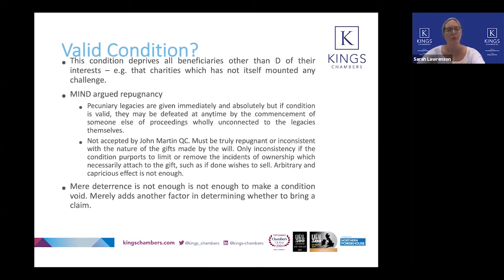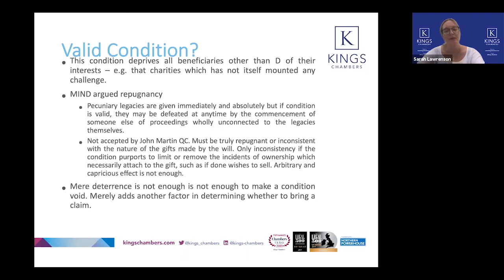But they also argued repugnancy in general on the basis that pecuniary legacies are often given out at the beginning of an administration and are immediate and absolute. However, if the condition were held to be valid, they could then be defeated at a later time by the commencement by somebody else, another beneficiary or an unconnected person, unconnected to them themselves.